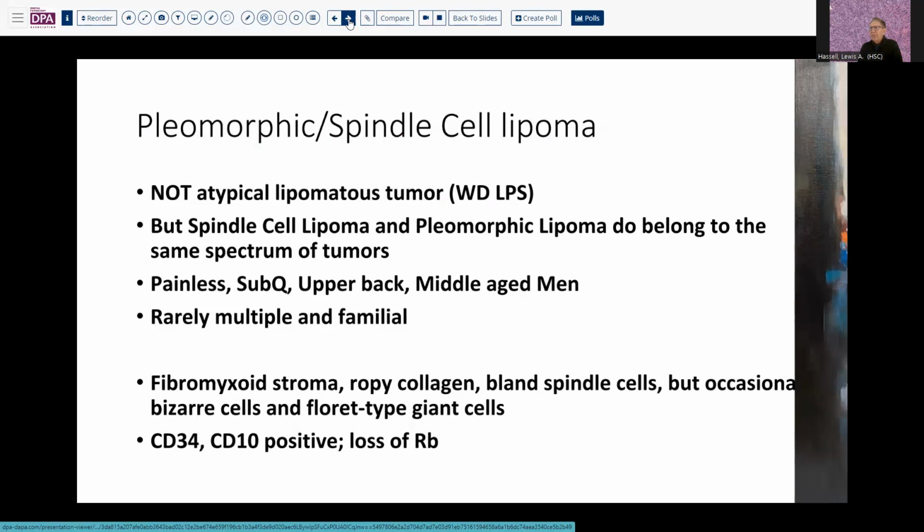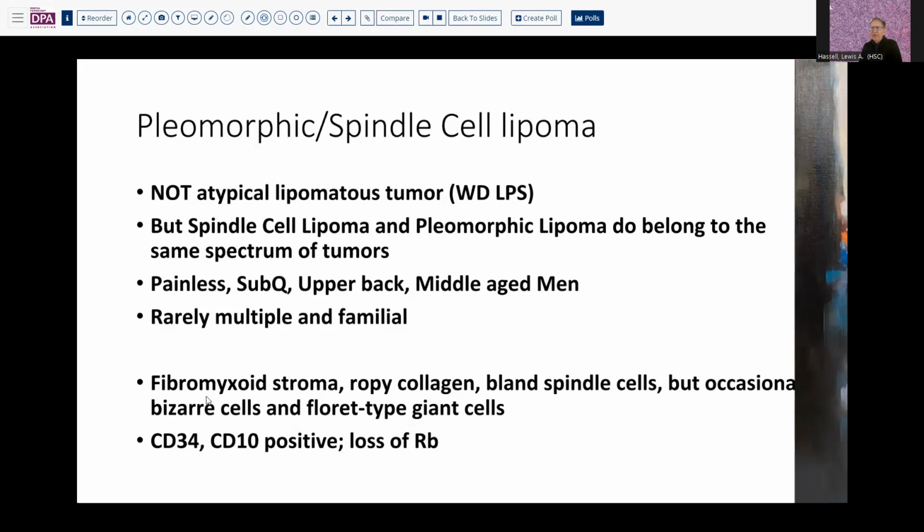That's not quite the same, but they are in the same spectrum of tumors and may have some genetic relationship. This is a tumor that occurs in the subcutis, usually in the upper back, and it's middle-aged men, whereas spindle cell lipoma may be more likely to be found in females and so forth. Now, these can be multiple, and there is a familial component.